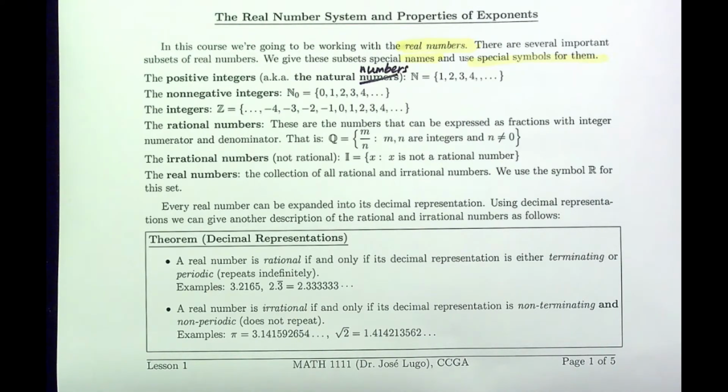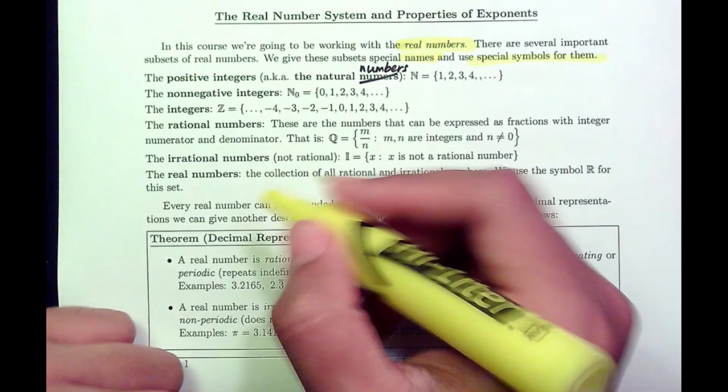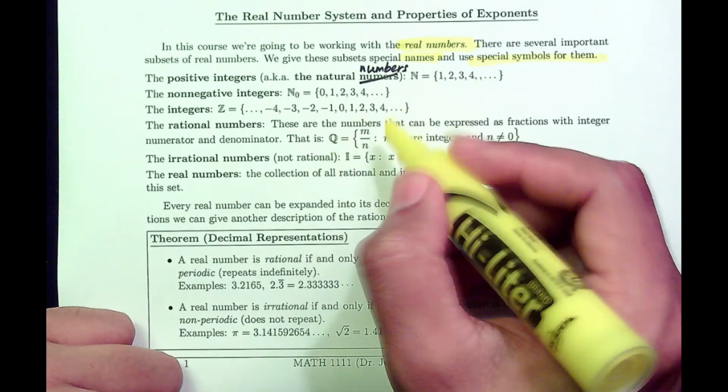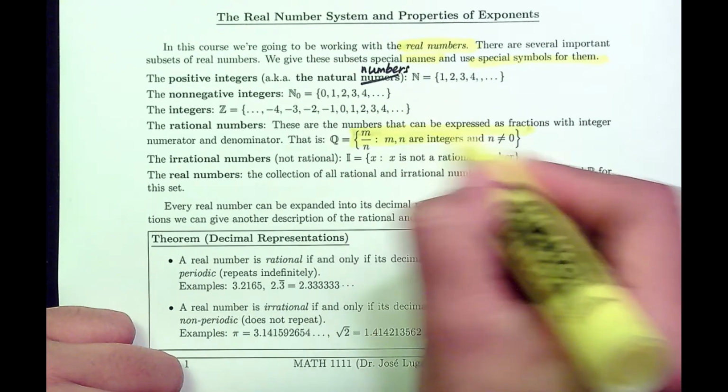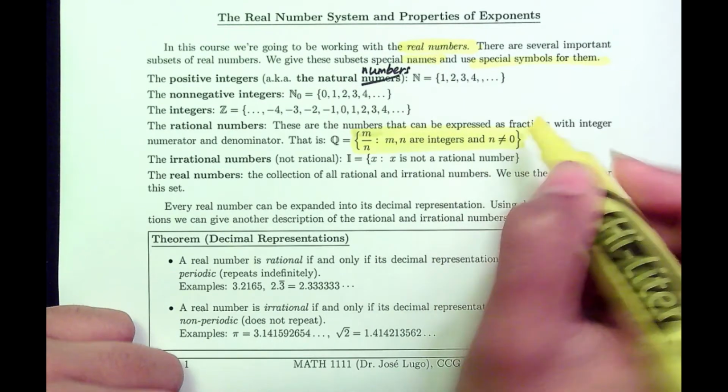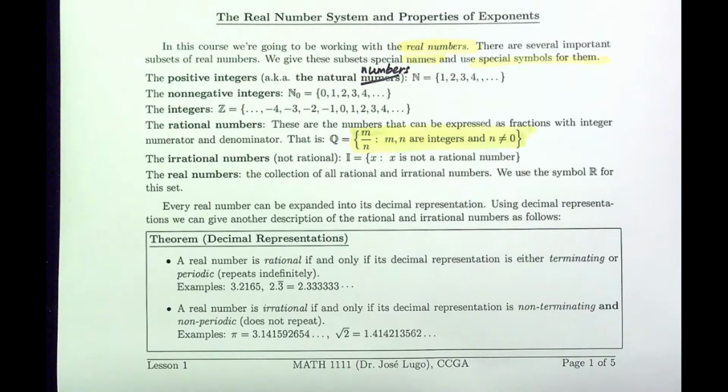All right, then we also have the rational numbers. The rational numbers are just the numbers that can be expressed as a ratio. A ratio is another word for a fraction. So these are the ones that can be written in the form m over n, where both the top and the bottom are integers.